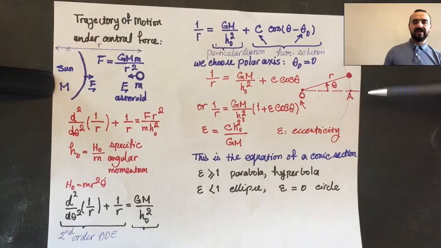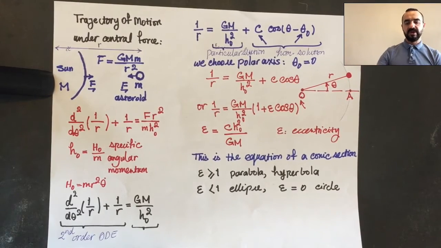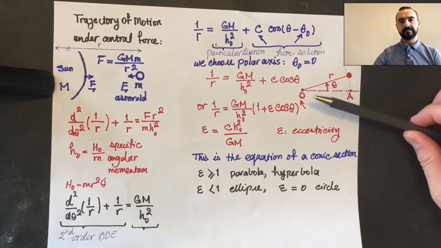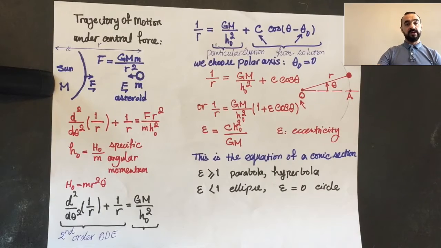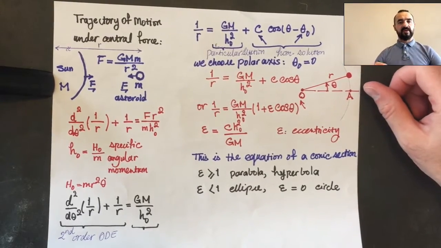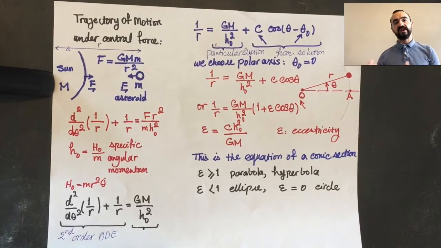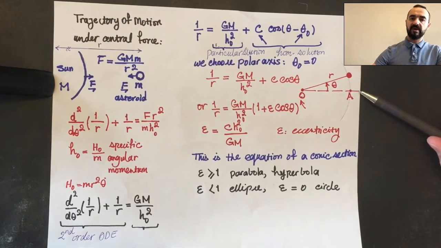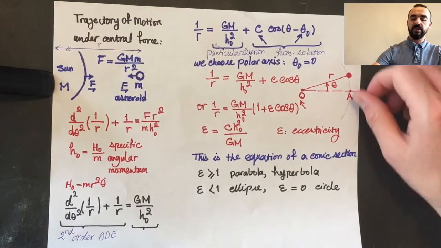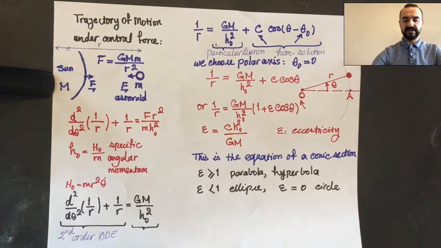And A is the closest approach to the center of rotation. In orbital dynamics, this A is called periapsis. We are going to talk about periapsis and apoapsis, which is the farthest point from the center of rotation. So A is periapsis, and if we start our motion from this point, theta 0 goes to 0.